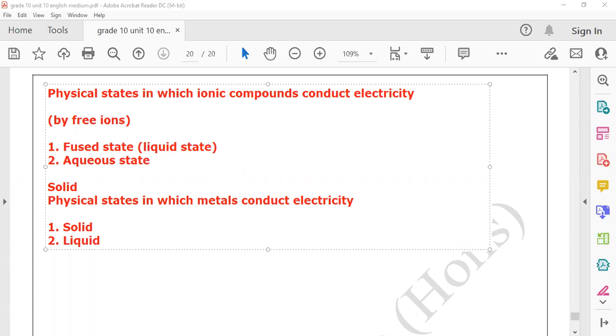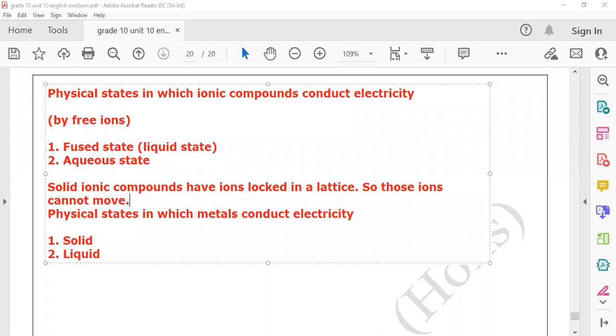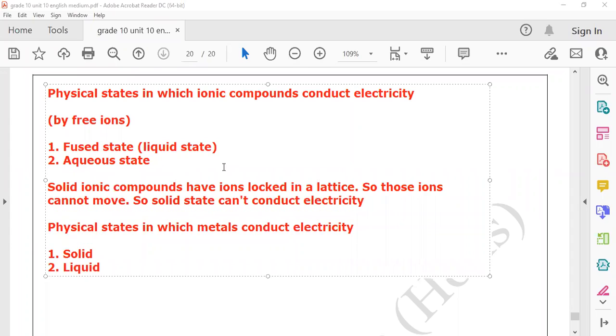Solid ionic compounds have ions locked in a lattice, so those ions cannot move. So the solid state cannot conduct electricity. Can you understand this point?